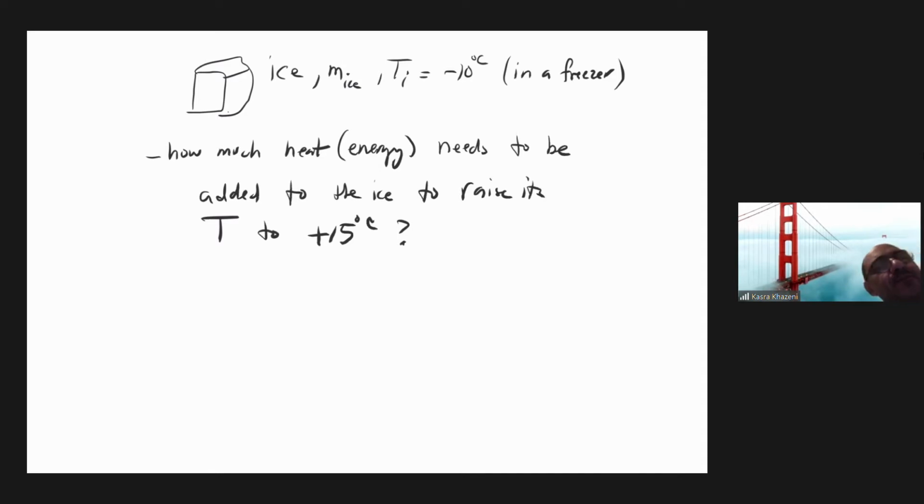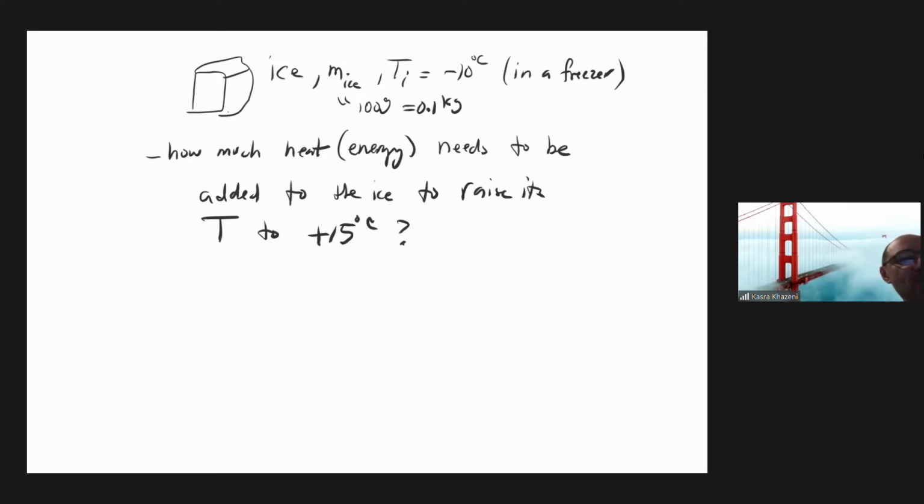All right, I have some mass. I don't know, let's just say 100 grams, which is 0.1 kilogram. And it's at minus 10 degrees Celsius in the freezer. I want to heat it up until it's 15 degrees C. Okay, how much heat do I need to do this?